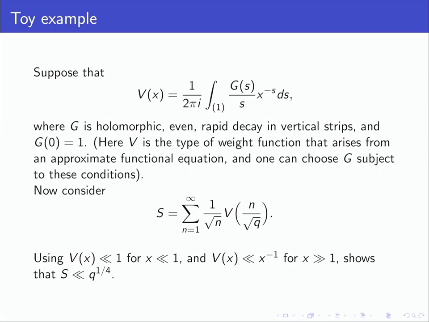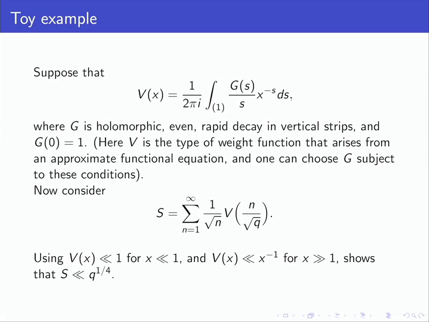There's a pole at s equals 0. So v of x is approximately 1 for x small. And then if x is bigger than 1, then you can keep the contour where it is, or you can move it off farther to the right. And so there's rapid decay for x bigger than 1. And so if you just put those two things together, it tells you that this sum s is bounded by q to the 1/4. And I scaled it so it's exactly the same q to the 1/4 that we're trying to get rid of.